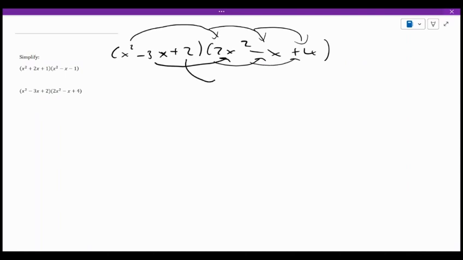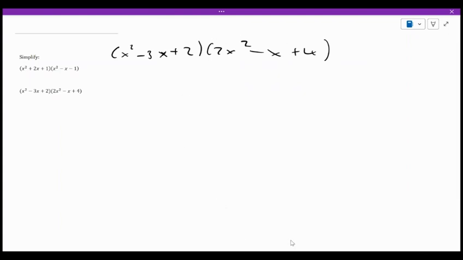Same with this positive 2. It will multiply here first, it will multiply here second, multiply there third, right? And those are the steps we follow when we are simplifying trinomials. Now let's do just that.